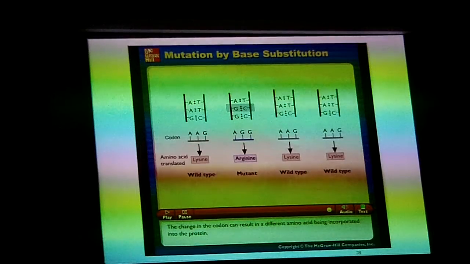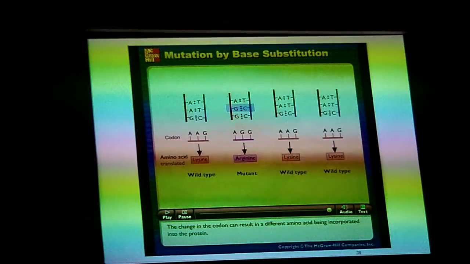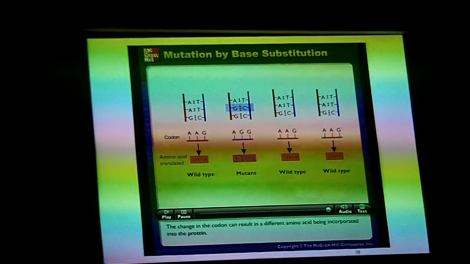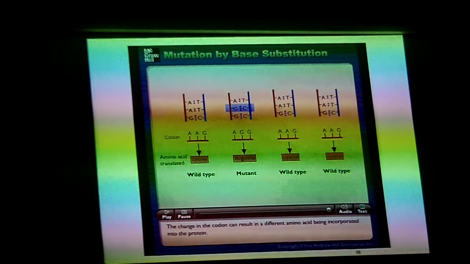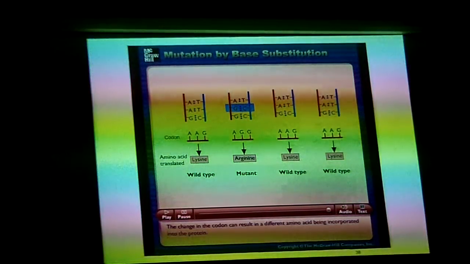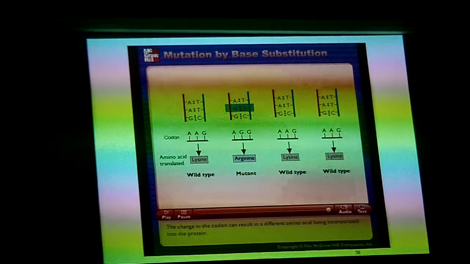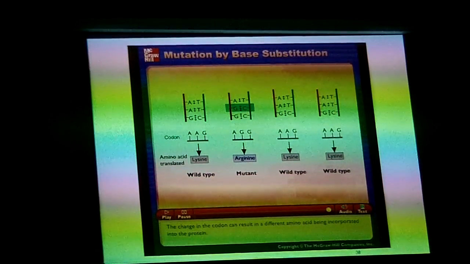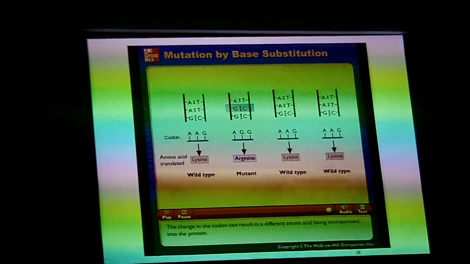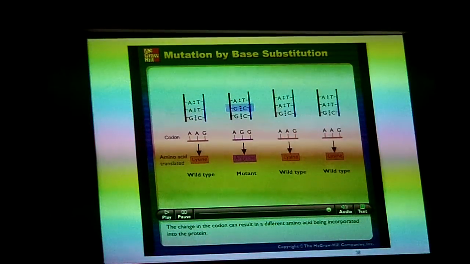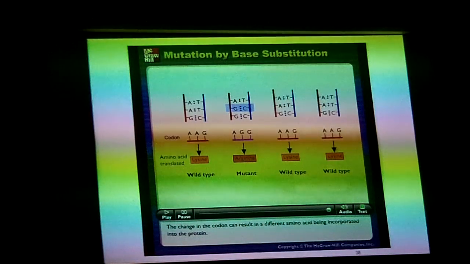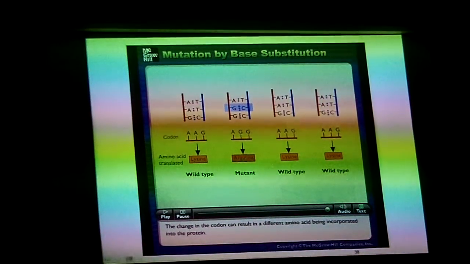That's a screwed up pair. But if it divides again and is placed normally, then this was the wrong base, a guanine, but it will now pair with the correct one. It'll have a cytosine next to it and be a normal strand after the second division. So you don't see anything abnormal after two divisions.